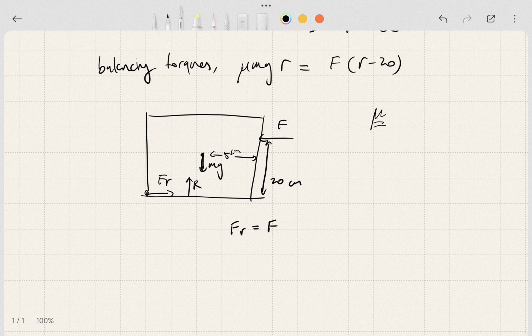And now we're wondering, how does the height, from the bottom to the top of the force, influence whether the box gets toppled or slid?